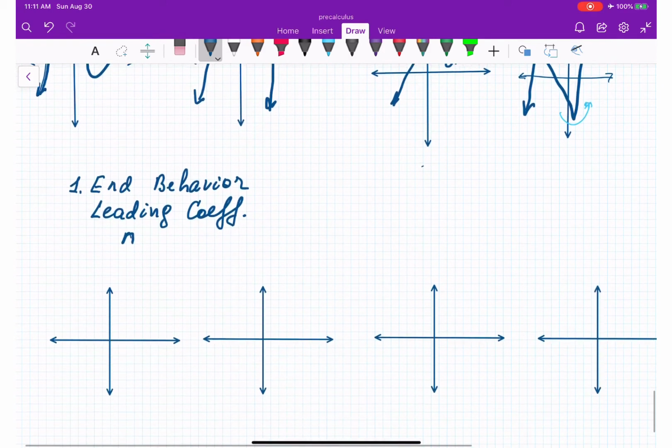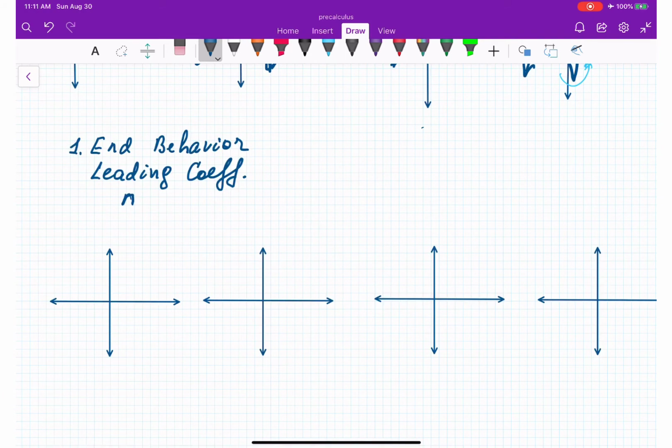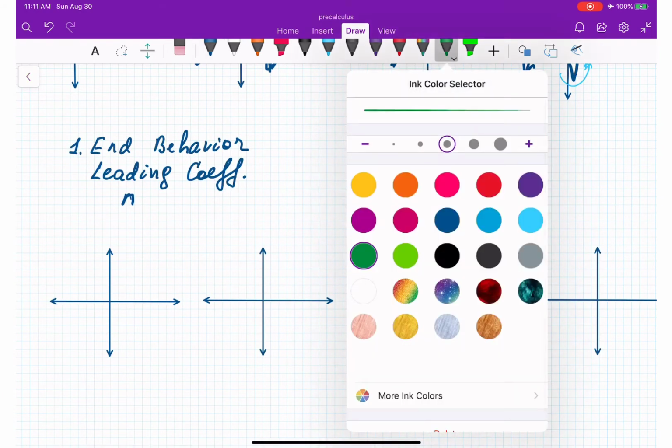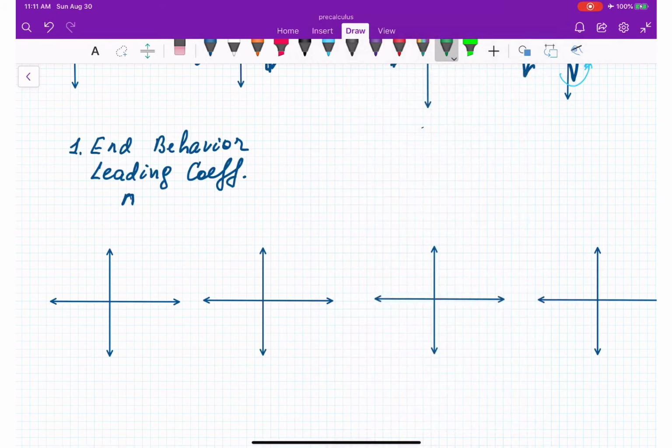So I'll do an example. Let me take this one, the green one. If the highest degree of the polynomial n is odd, and we have n is even. All right, so let's look at n is odd and n is even.